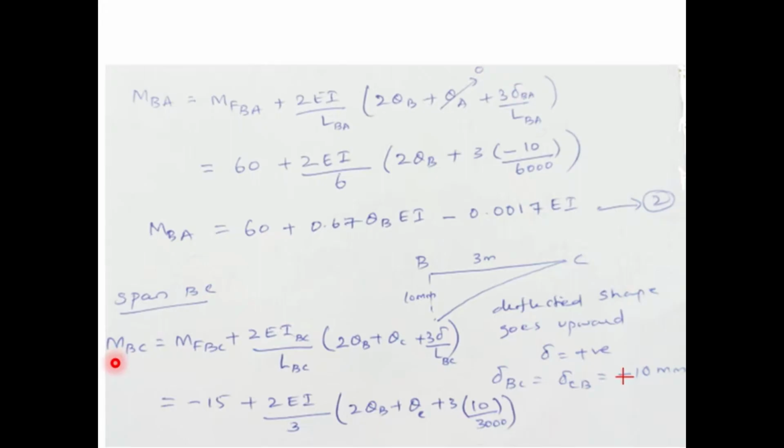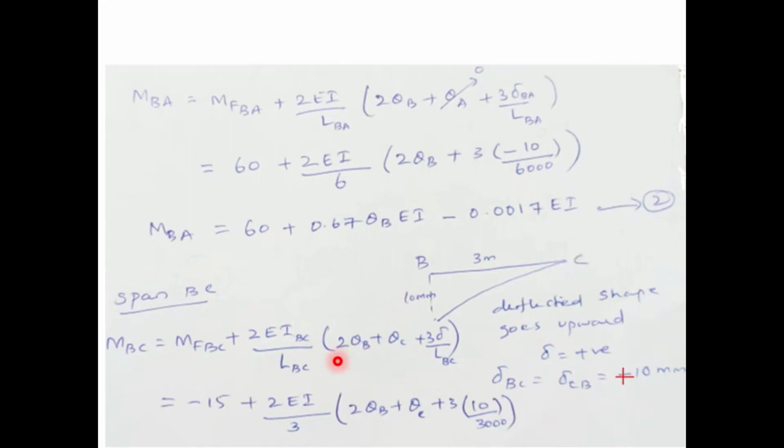Now write the slope deflection equation. MBC is equal to MFBC plus 2EI divided by L into 2 times theta B plus 1 time theta C plus 3 delta by L. B is intermediate, C is also intermediate, therefore theta B is unknown, theta C is unknown.